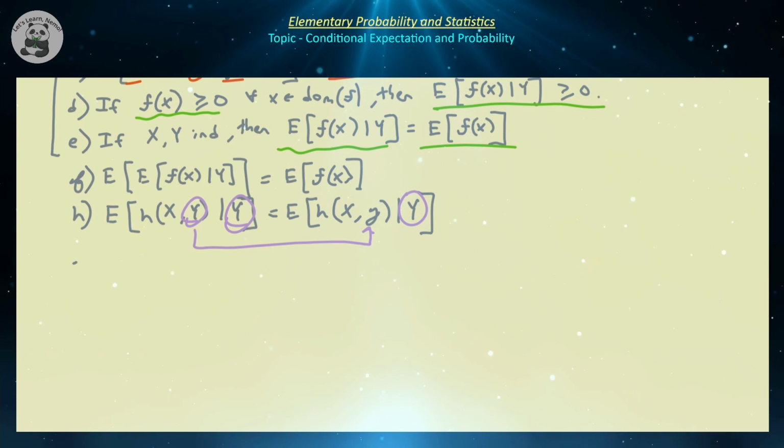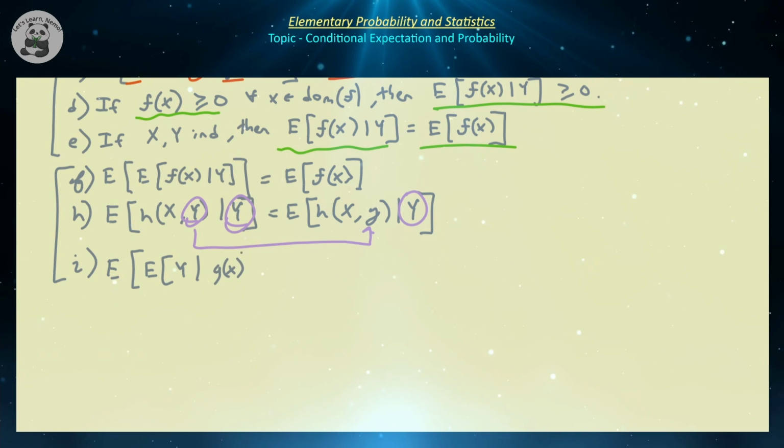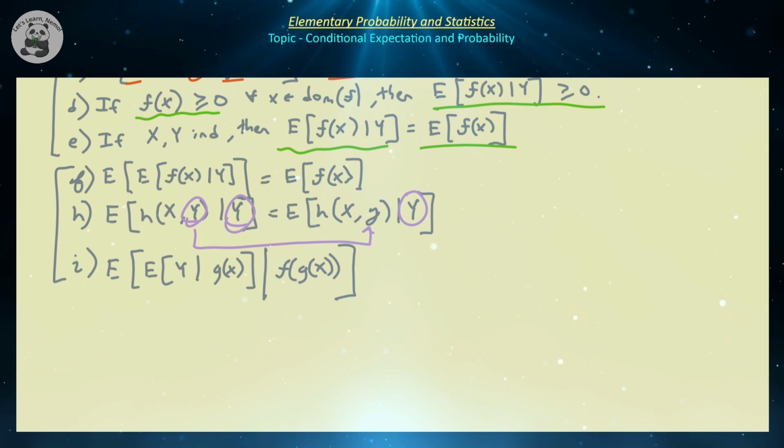So I guess a generalization of Adam's law can be viewed as the following. If you have the expectation of the expectation of y given g of x, and let's assume that the exterior expectation is also conditional with respect to the composition of f with g of x, this is actually just equal to, so some subtle things there. So this is a random variable.